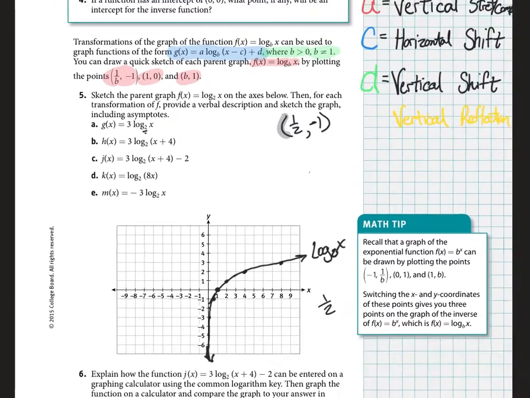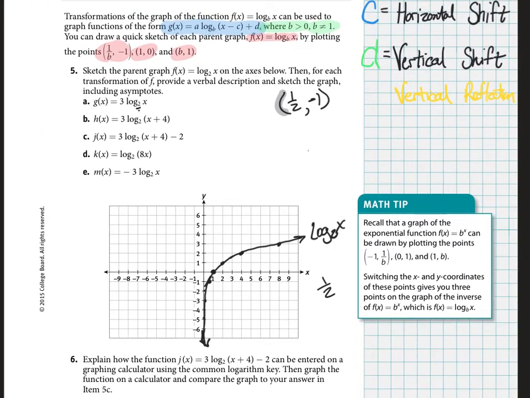And you could look down at my graph and get verification of all that. We had 1/2, -1, there it is. We had the ordered pair 1, 0, and then we had the ordered pair whatever the base is and 1.